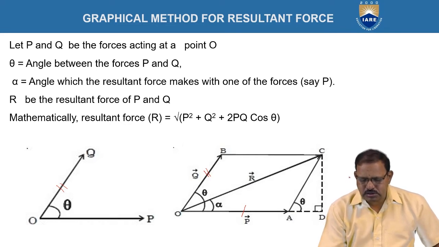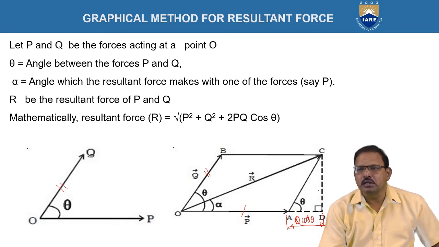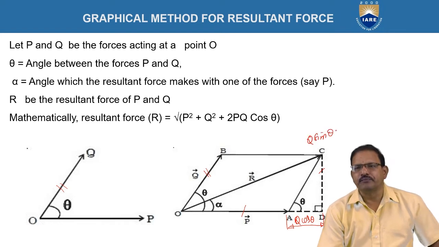In this case, AD represents Q cos theta and CD represents Q sin theta.